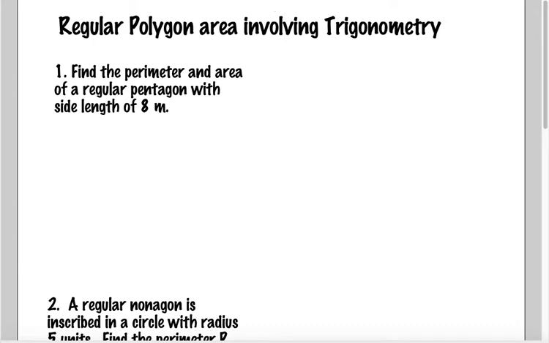Now you could draw the full pentagon, but what I typically do is I draw just the main triangle at the bottom of the pentagon. And I'm going to try to make that a little bit larger of an image. So I draw the triangle at the bottom.